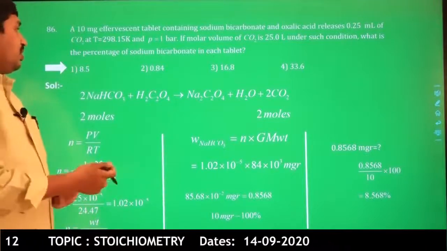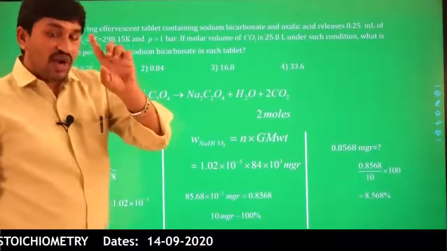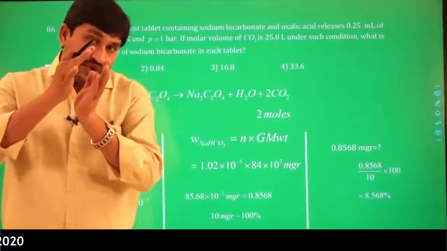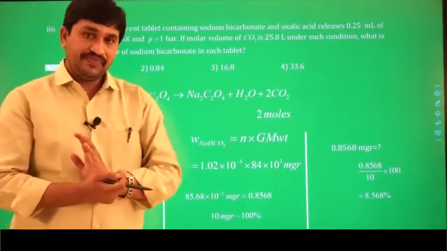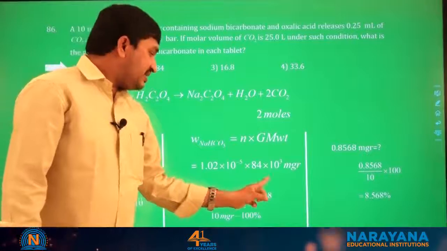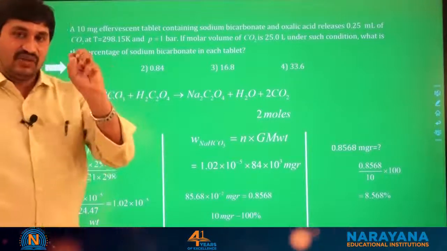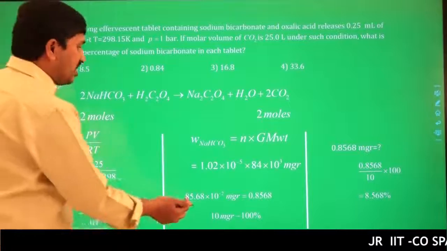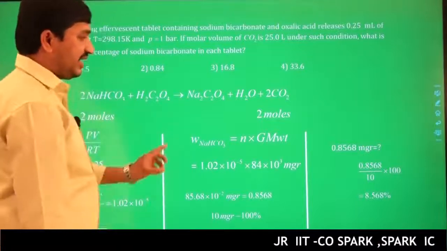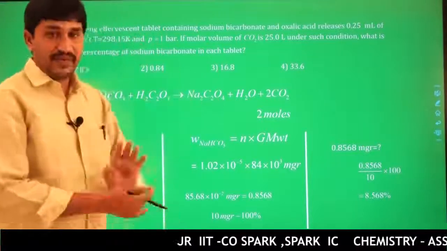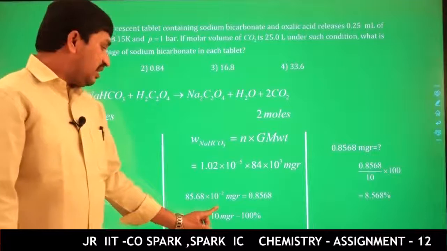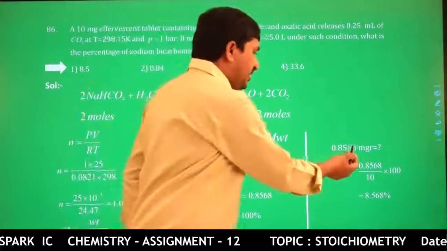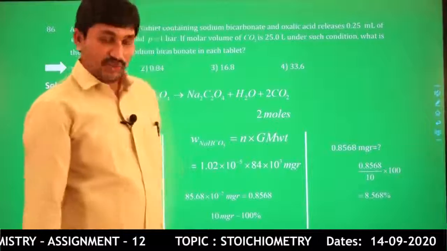Got it? Then 10 milligrams of tablet contains what percentage of sodium bicarbonate? That means 10 milligrams is taken as 100%, then 0.8568 milligrams is equal to how much percentage?